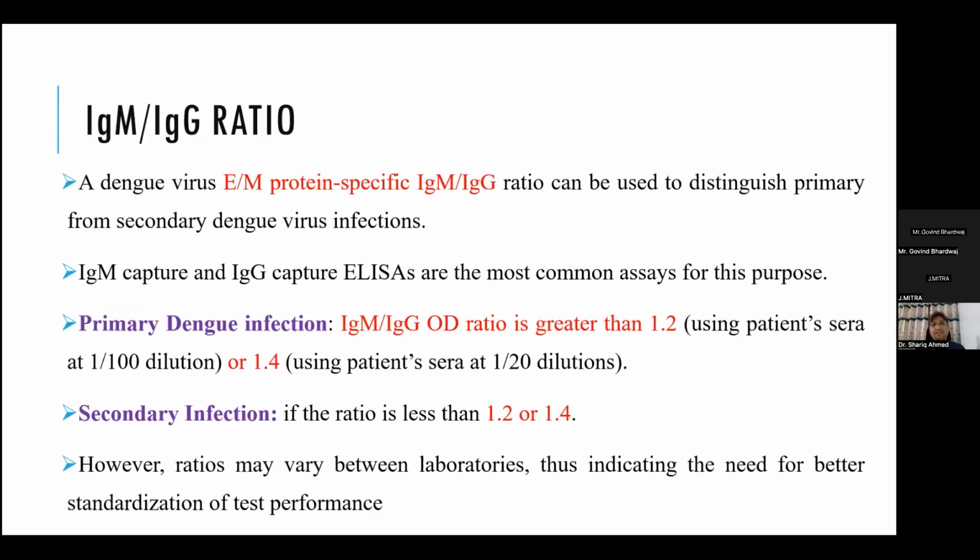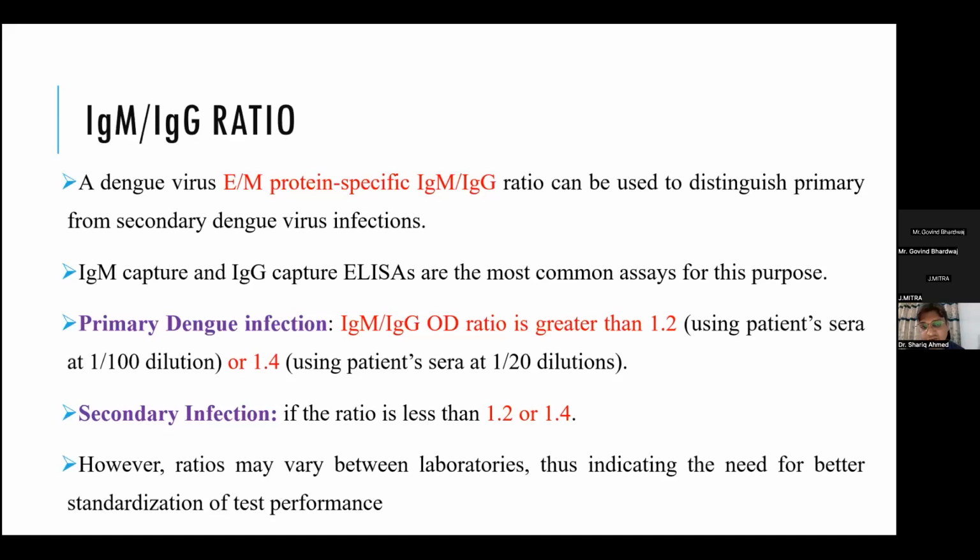A more convenient test is the IgM-IgG ratio. The E or membrane protein specific IgM to IgG ratio can distinguish between primary and secondary dengue infection. IgM capture ELISA and IgG capture ELISA are used for this purpose.